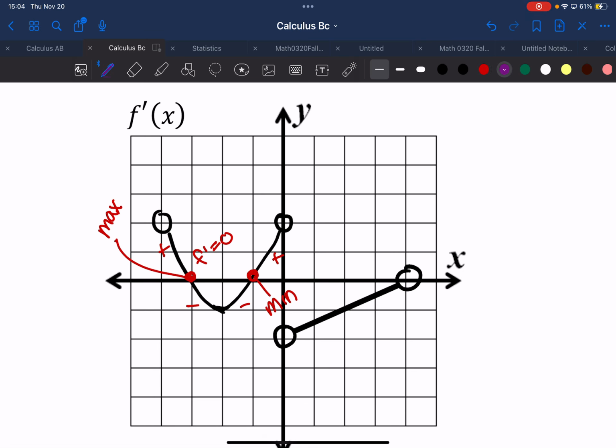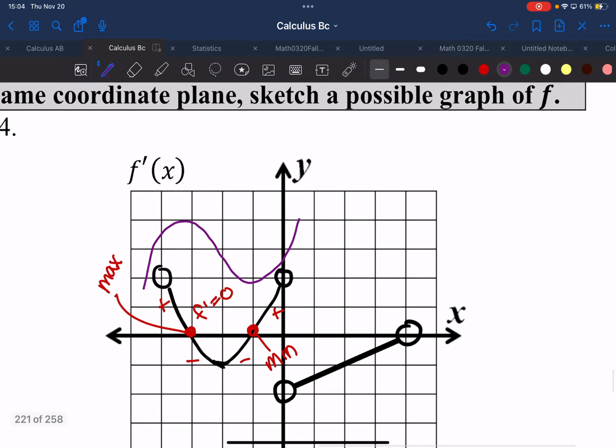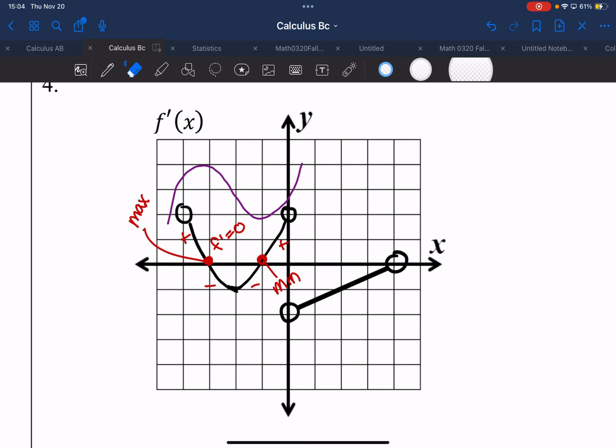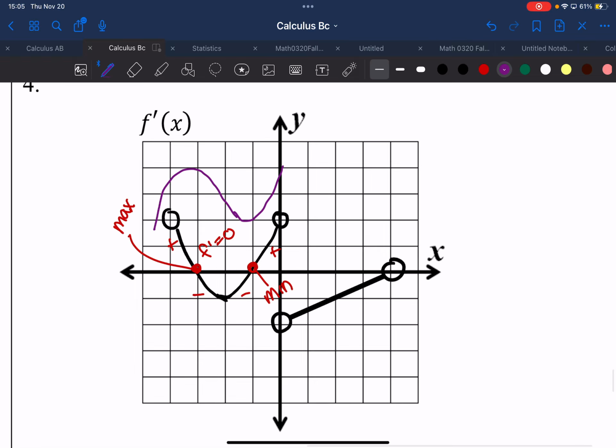So it's going to look something like this. Okay, maybe I should not have it cross that line there, the axis I mean. Let me draw it a little nicer. There. Okay.